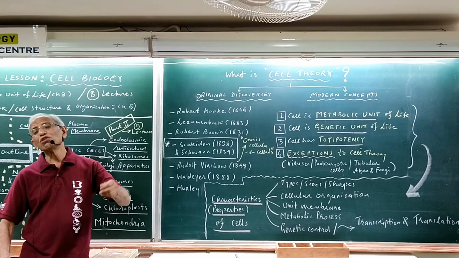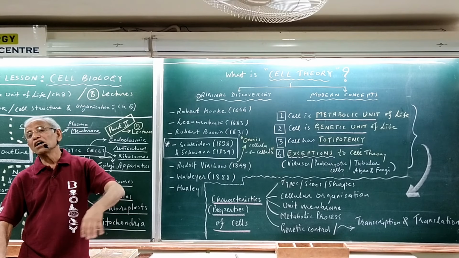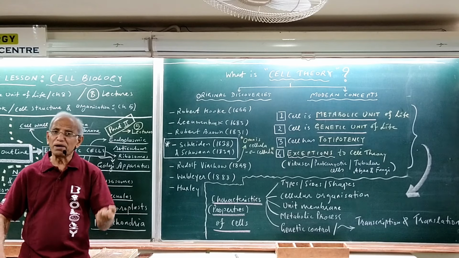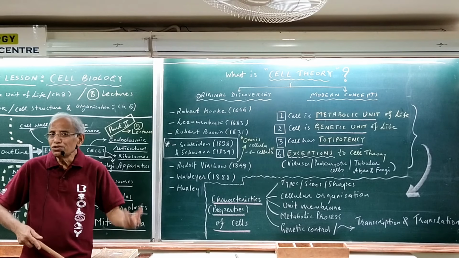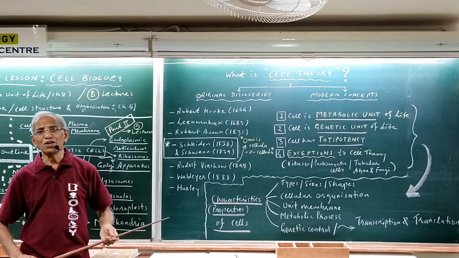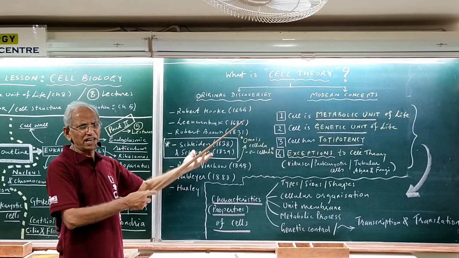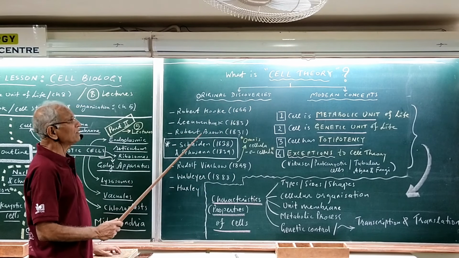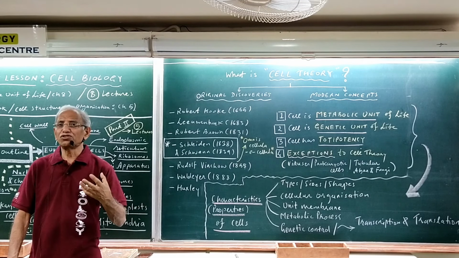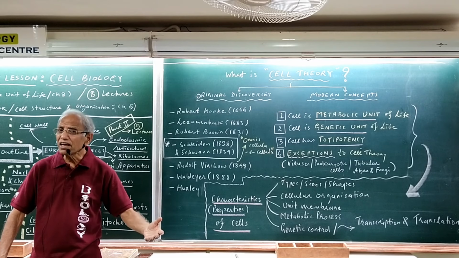Just like in physics, you learn the history of atomic research, in a similar way, in biology, you learn the history of the research about cells. So cell theory is something which is ordinary. Yeah, I understand. It means how it is established that cells are the units of life.